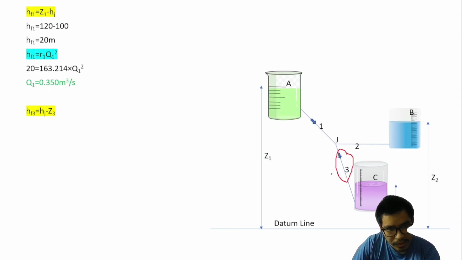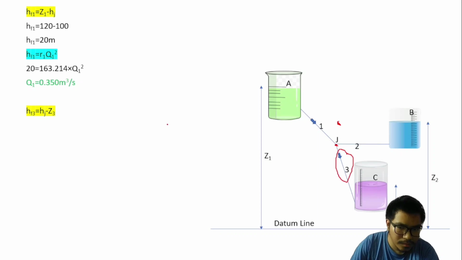It's given by total head at the junction J minus total head at 3, which gives the head loss in pipe 3, that is 100 minus 80, which is 20 meter.